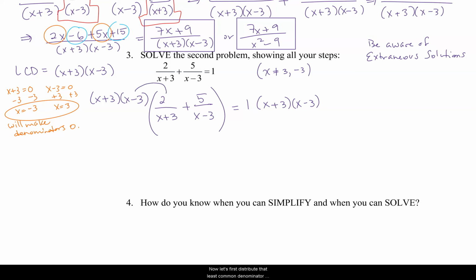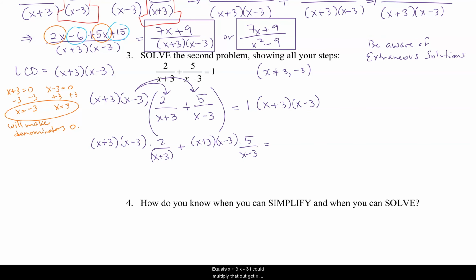Now let's first distribute that least common denominator into these two terms. So x plus 3, x minus 3, times 2 over x plus 3, plus x plus 3, x minus 3, 5 over x minus 3 equals x plus 3, x minus 3.